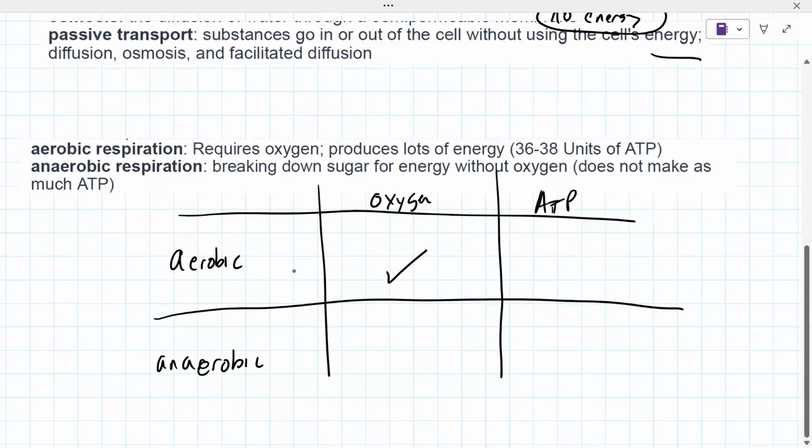Anaerobic. Anaerobic does not make as much ATP. Is that okay? All right. So this is the way to answer these types of questions.